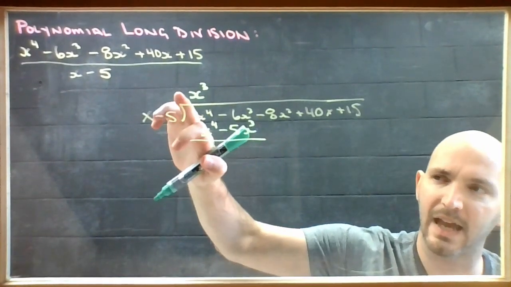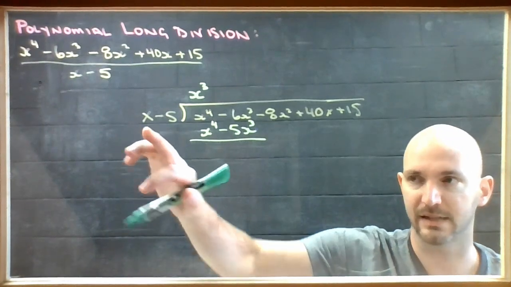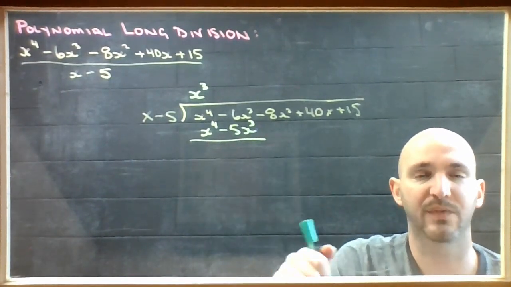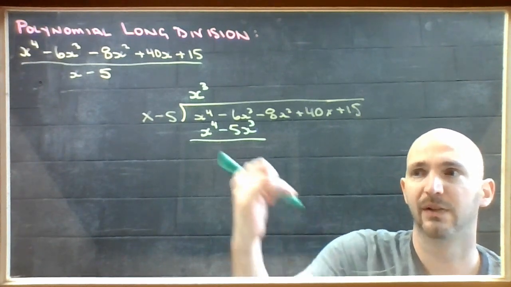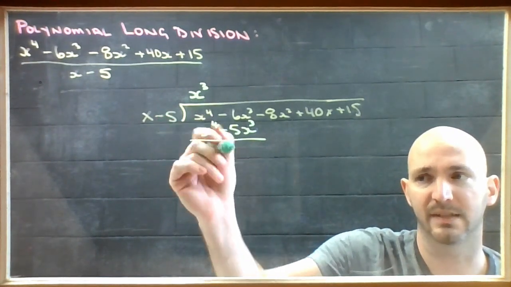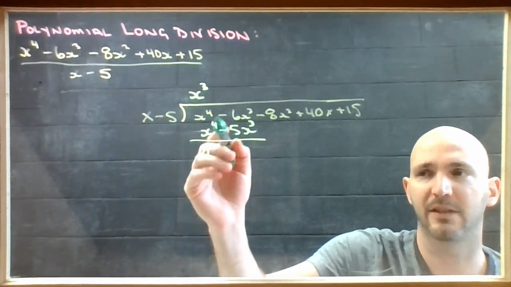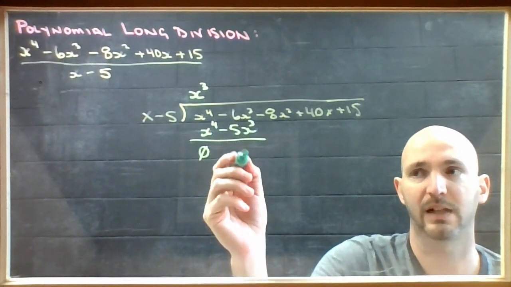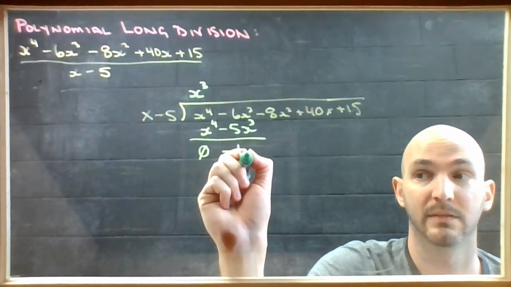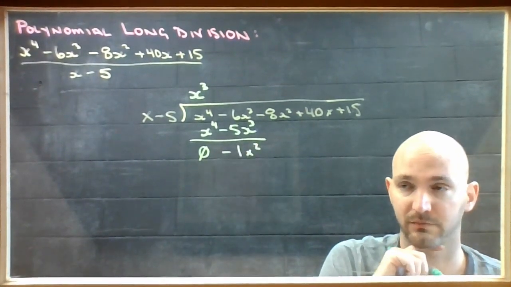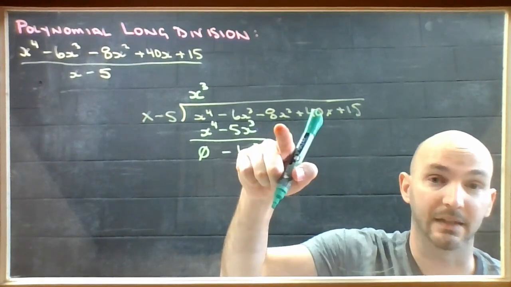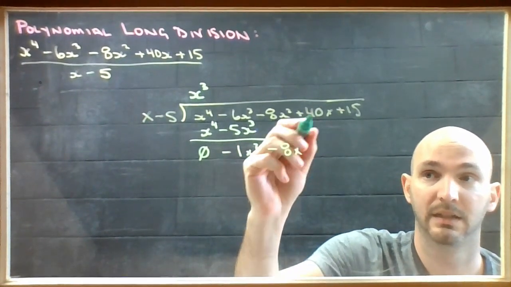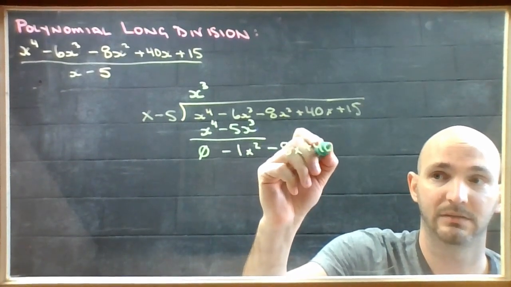So if I take x cubed worth of these things out of this pile, I have to figure out what's left. So the x to the 4 is gone. And -6 of these minus -5 of those is -1 of them. Now this thing, which I haven't dealt with at all, is still left in the pile.